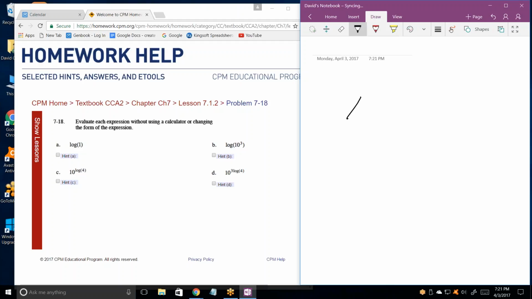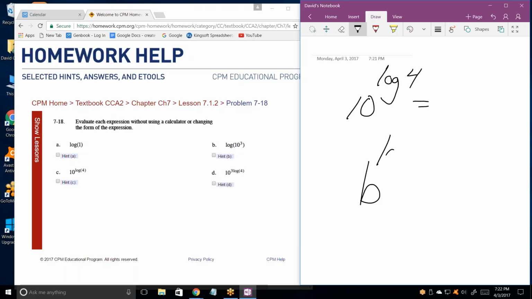The next one, 10 to the log, natural log of 4. Well, do you think how to explain this for a second? Let me say this.